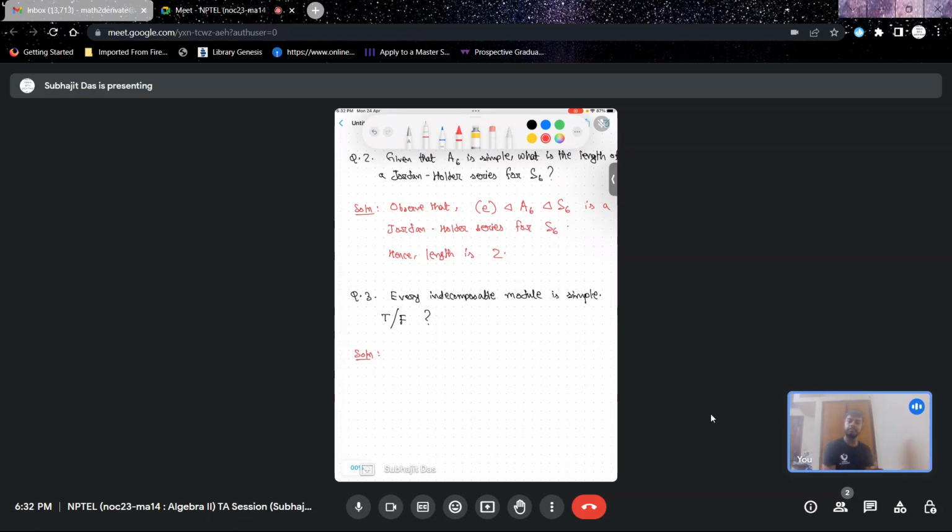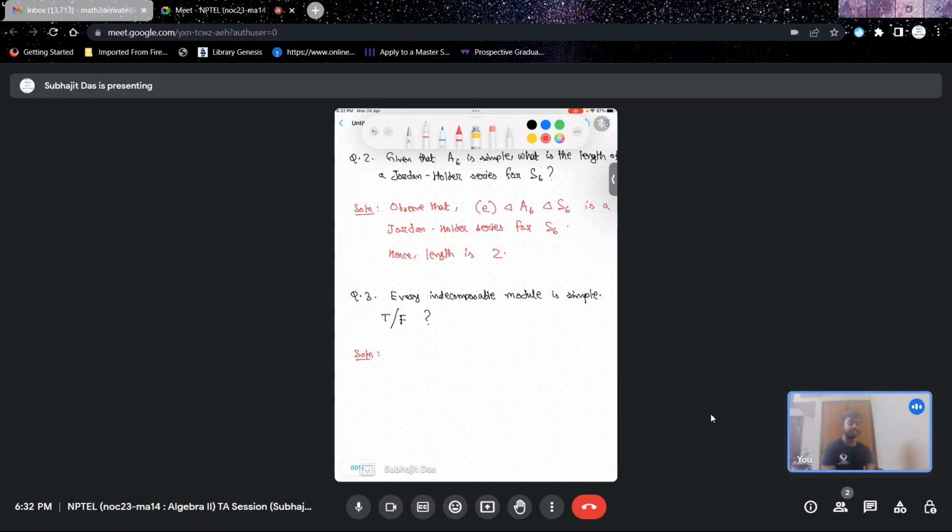And what is an indecomposable module? A module is said to be indecomposable if you cannot write it as a direct sum of two non-zero submodules. If you can write it as a direct sum of two non-zero submodules, then the module is decomposable.